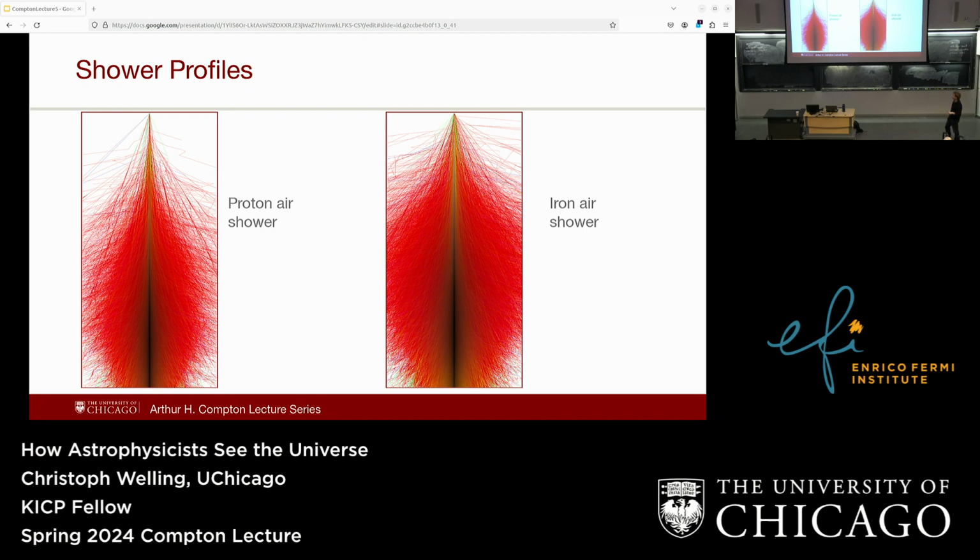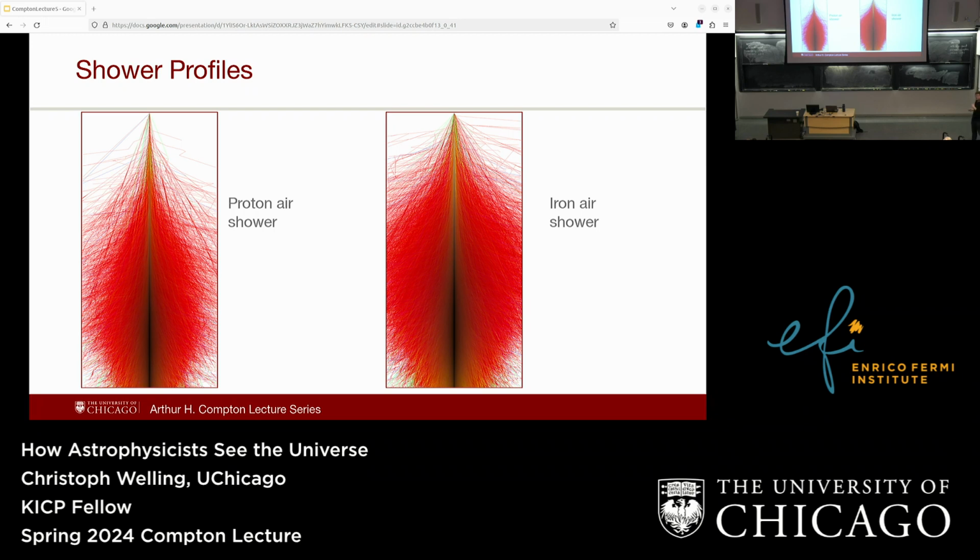And there's another effect that you can't see here because they're all simulated to start at the same position. But actually, because iron consists of 56 protons and neutrons, you actually have a target that's 56 times as big. So the chances of this initial interaction happening is much higher.